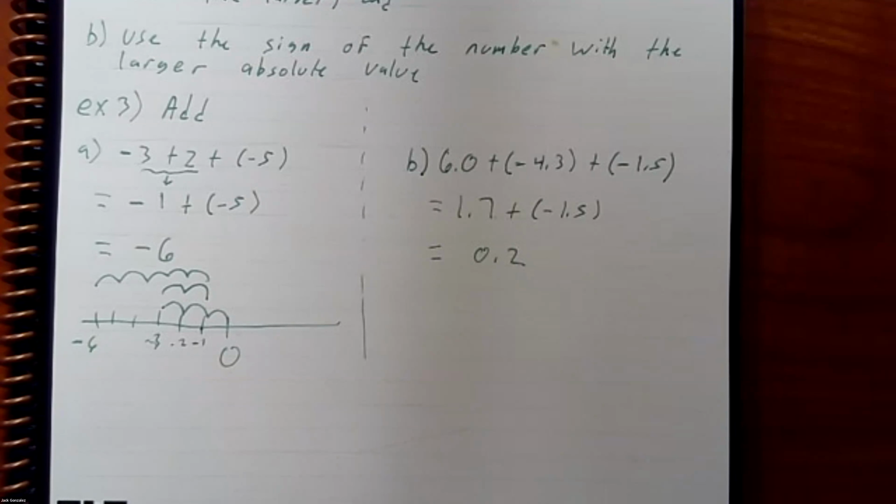Number one, true or false? The sum of a positive number and a negative number is always positive. That's false. We went over the first problem. The first problem contradicts that, right? Whenever you're trying to disprove a statement, you just need one example for it to be false.